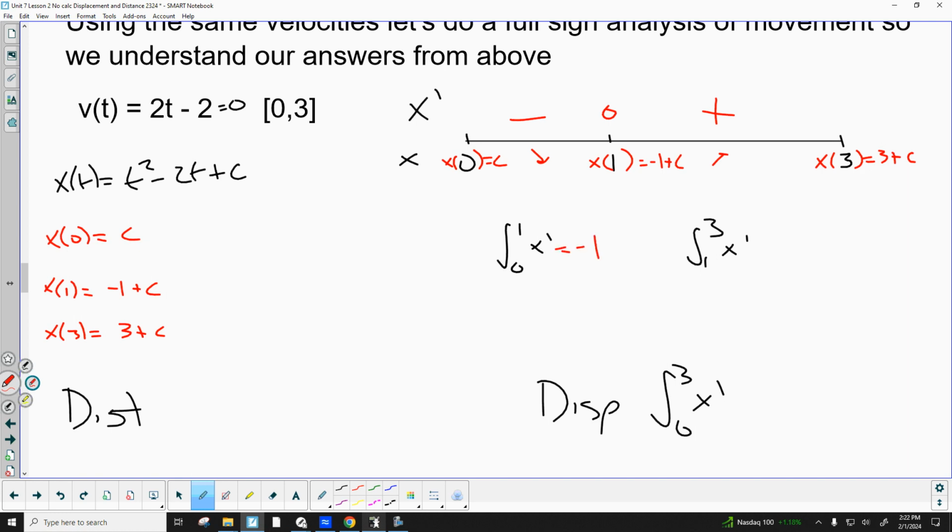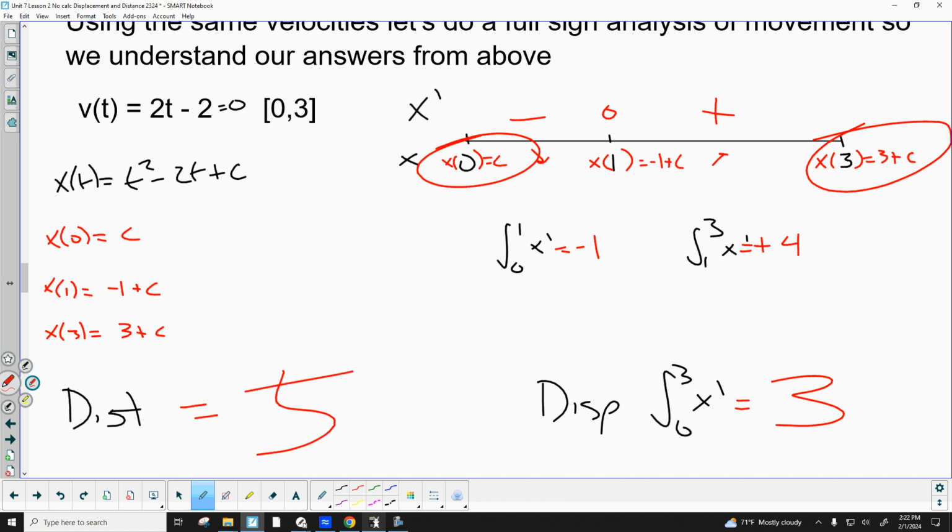So I decreased by 1, I increased by 4. Overall, I end up 3 to the right of where I started, but it took me a total of 5 minutes to get there.